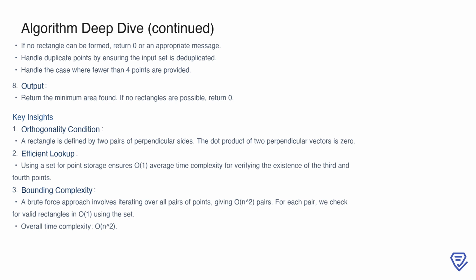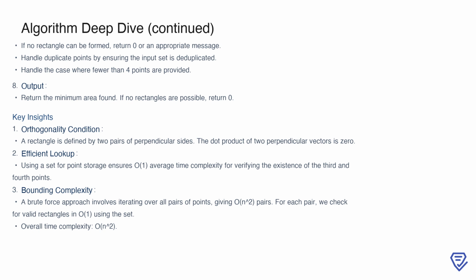This avoids unnecessary computations and ensures that the algorithm only considers unique points. Additionally, if the input contains fewer than 4 points, we can terminate early since it is impossible to form a rectangle. Finally, the output of the algorithm is the smallest area found among all valid rectangles. If no rectangles are possible, as mentioned, the output will simply be 0.